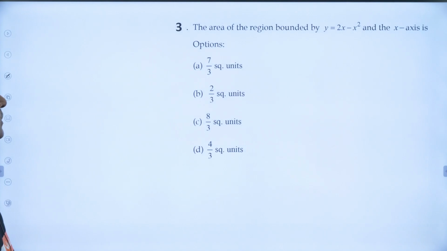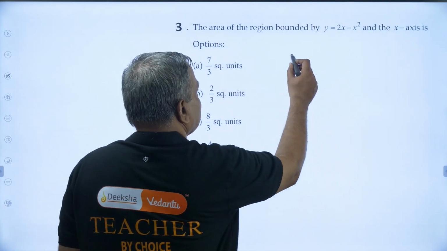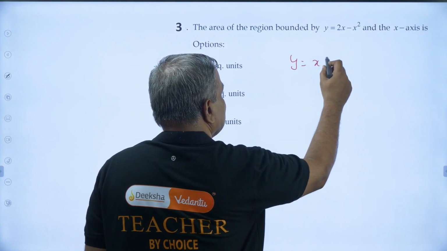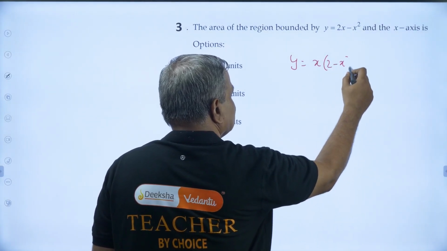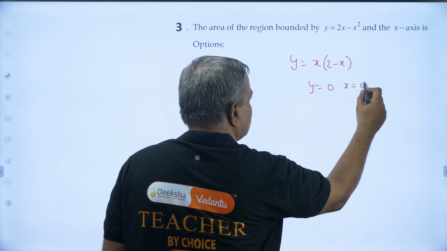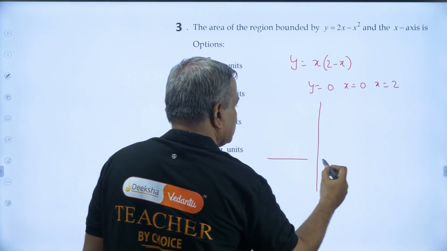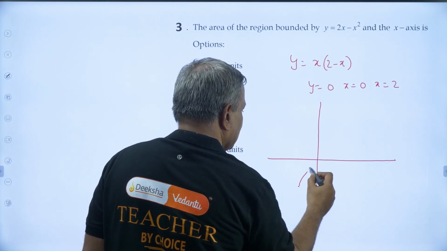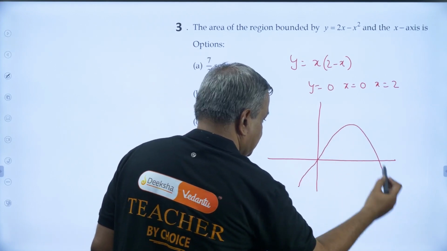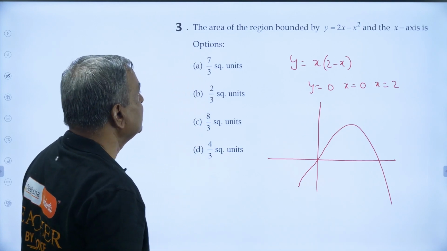Next. Area of the region y is equal to 2x minus x square. So this can be written as y is equal to x into 2 minus x. So when y is equal to 0, x equal to 0 and x is equal to 2. If you try to draw the graph of it, the graph will be like this. Why is it reversed? Because the coefficient of x square is negative. This is a reverse graph.